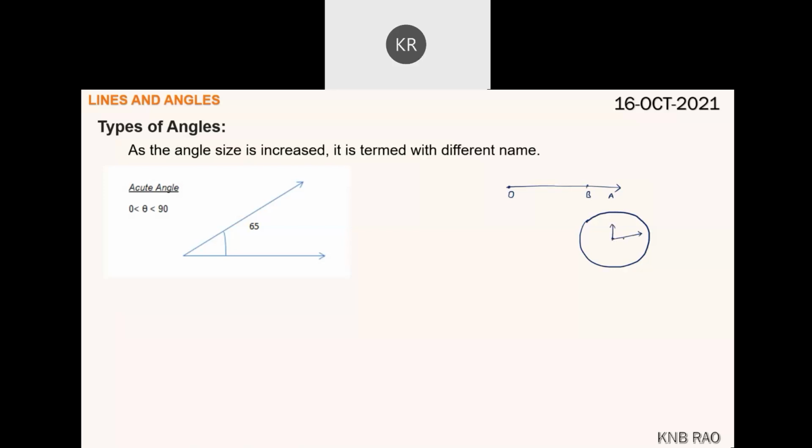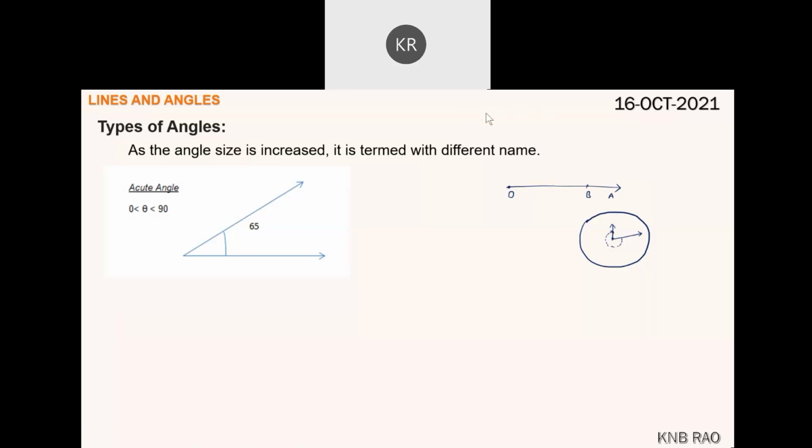If one hand moves in clockwise direction and falls on the other hand, while moving it moves in anti-clockwise direction or clockwise direction.